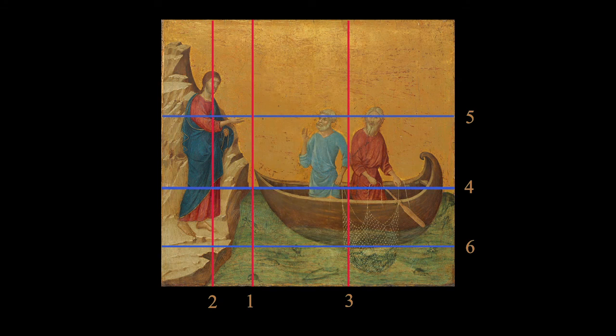Line 4, placed on the horizon line, divides the pictorial space vertically at the mean extreme ratio. Line 5, placed on the suggested line created through the alignment of the apostles' heads and Christ's hand and arm, divides the top vertical space at the mean extreme ratio.